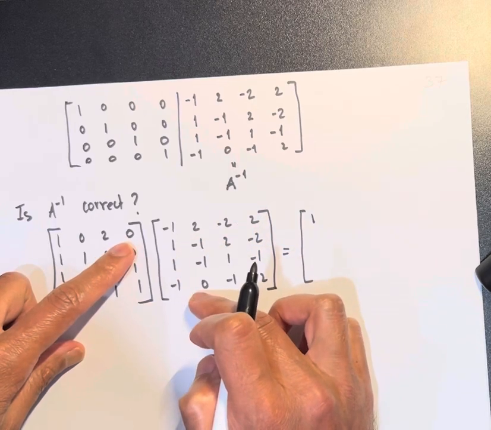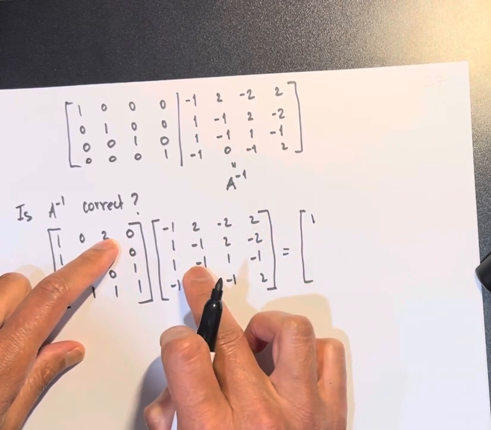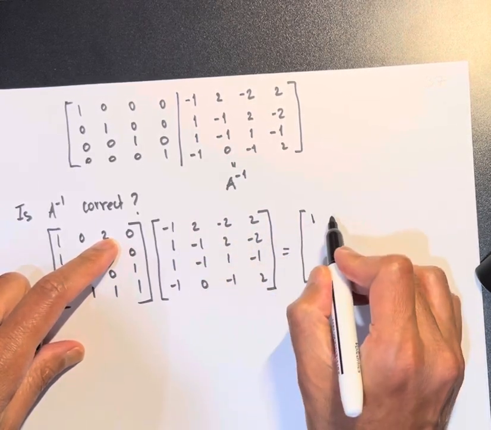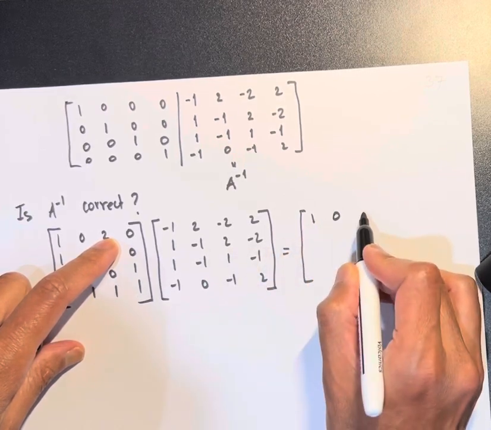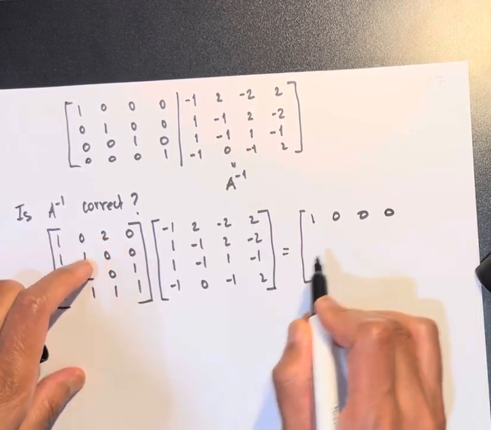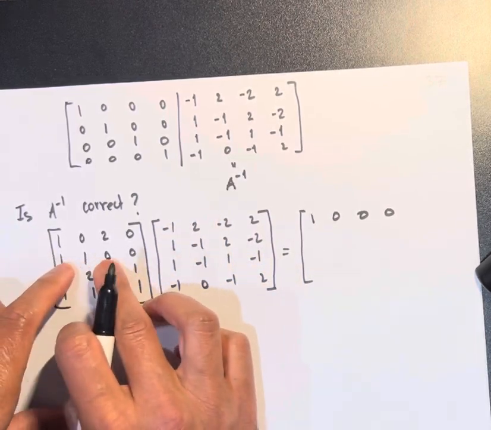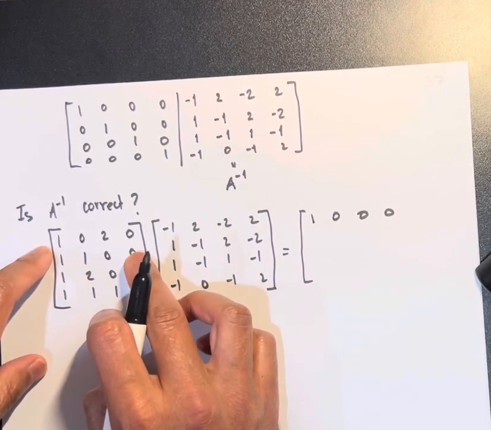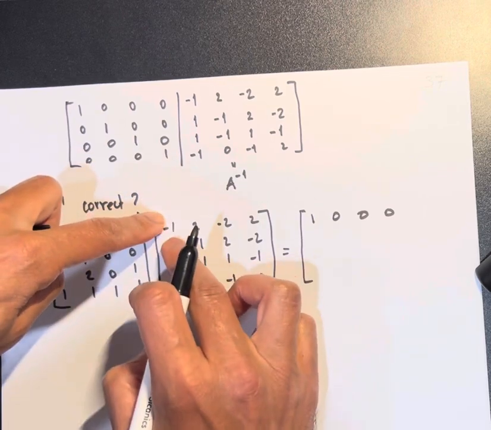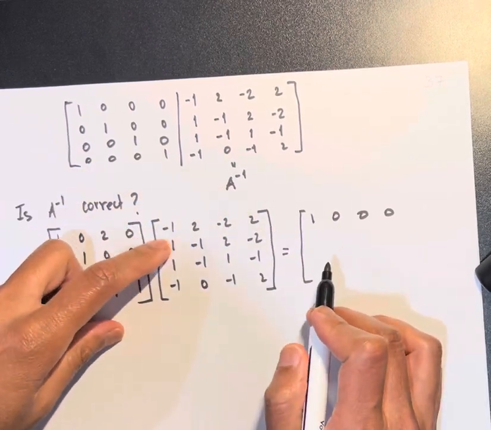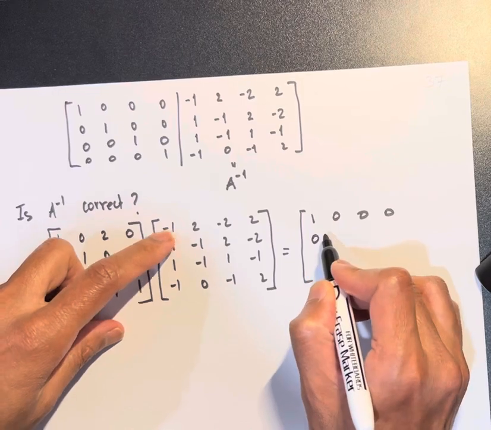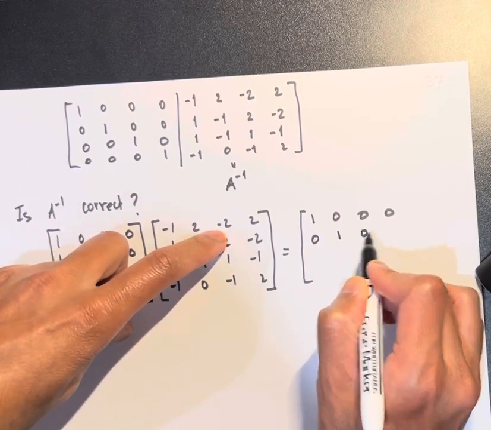We just need to take 2 times this and add it up, so that becomes 0, then 2 times this, so that becomes 0, then 2 times this becomes 0. In this case we just need to add up the first 2 columns, because 1 1 0 0 means you take this row and then dot it, which means you just need to add these two columns. So this becomes 0, this becomes 1, this becomes 0, this becomes 0.